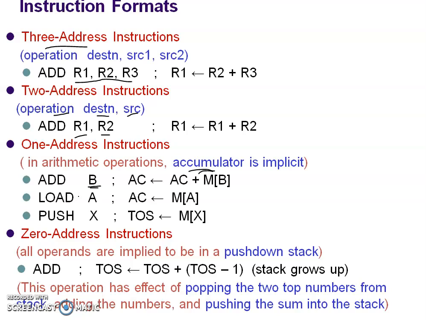Okay, so here ADD B means what operation is performed: the result will be stored in the accumulator, and the content of B will be added with the current accumulator value. So here in register transfer notation, this M is being used to represent the memory. If you don't use it also, it is not a problem.